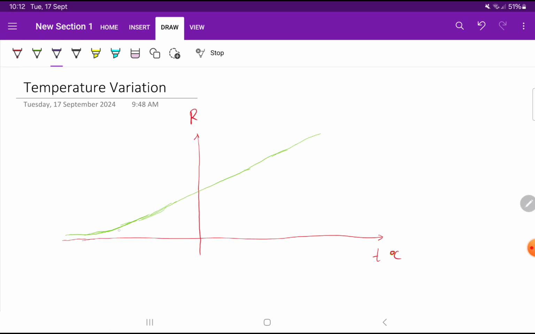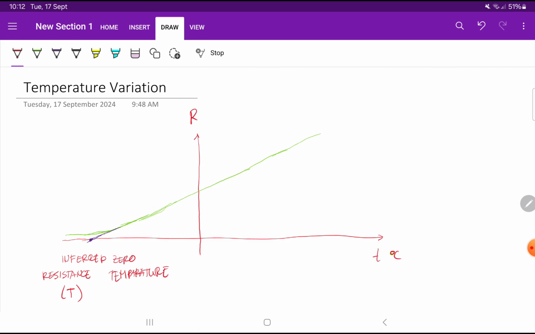But if we try to infer that directly, the point where the function intersects the x-axis is called the inferred zero resistance temperature, and we denote this as capital T.